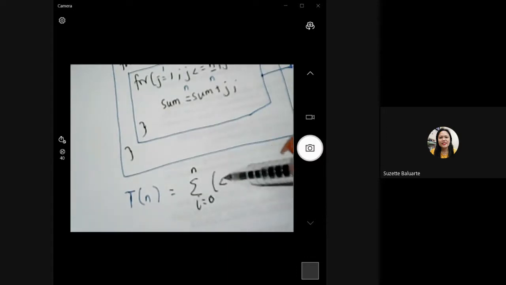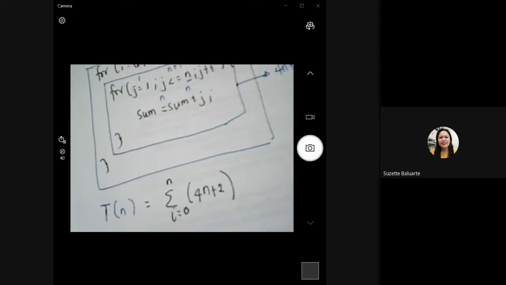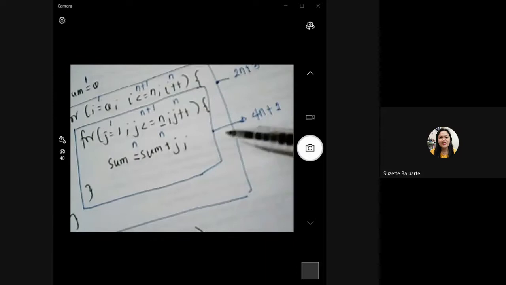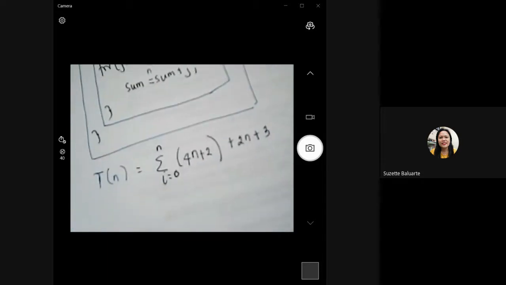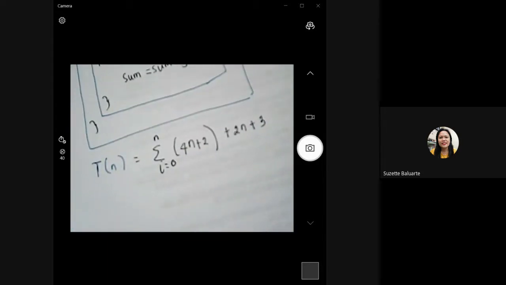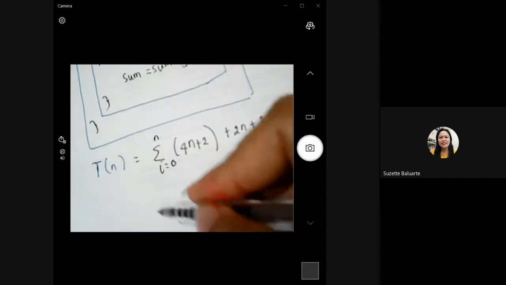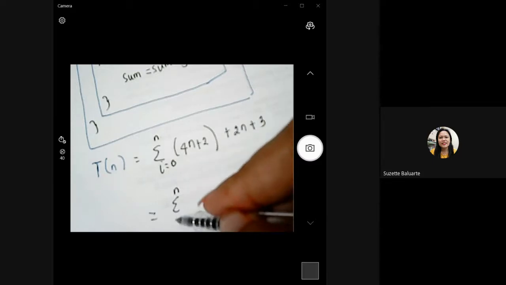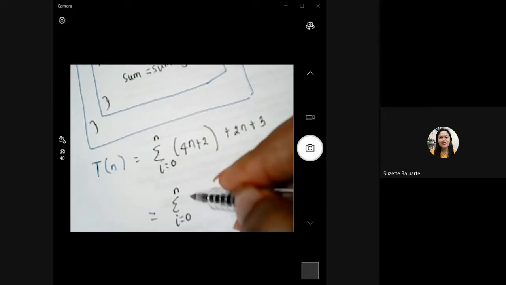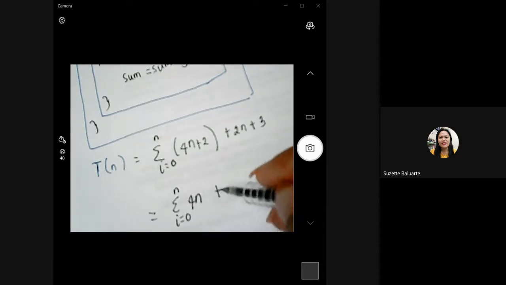Again, this is 4n plus 2. Then your outer loop is how many? 2n plus 3. Plus 2n plus 3. Okay? So we are going to distribute this again. You have the summation of n, where i is equal to 0, of 4n, plus the summation of n, i equals 0, of 2, plus 2n, plus 3.